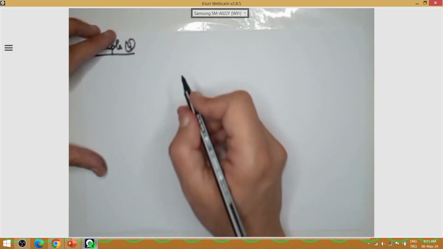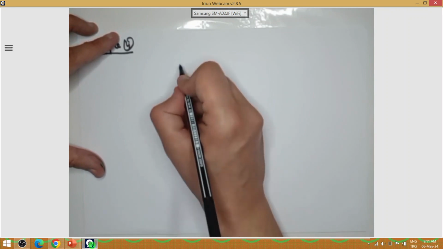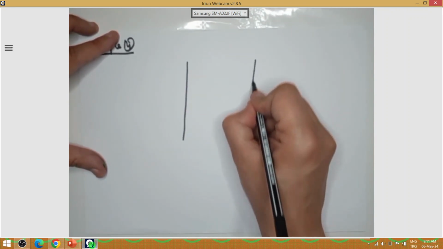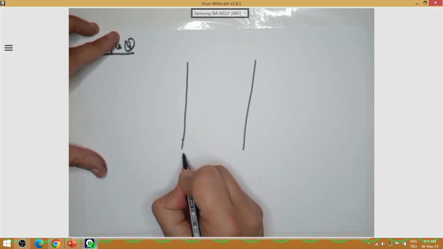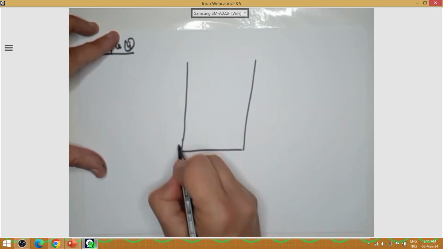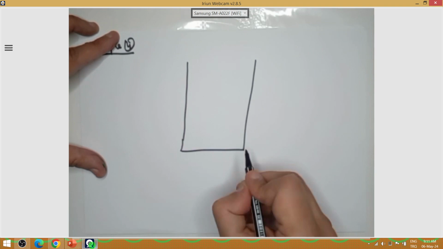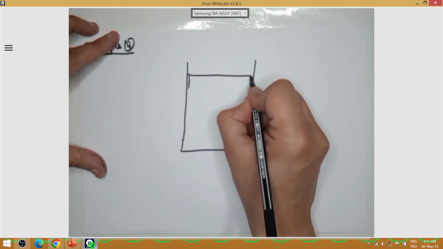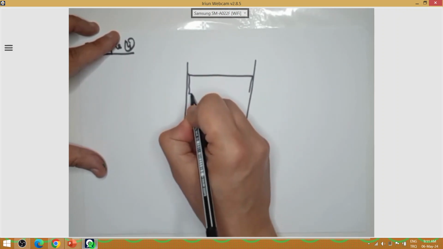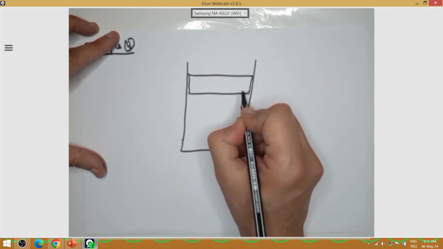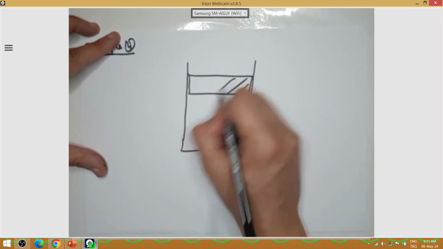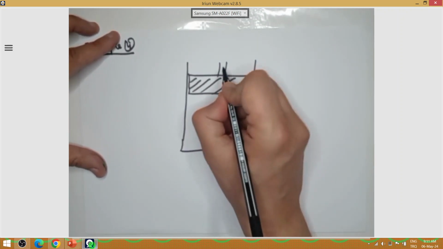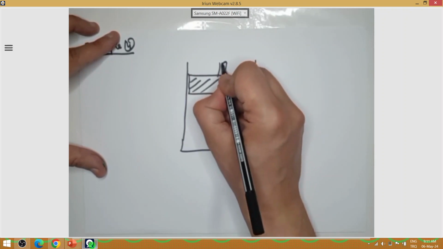So again we'll consider that we have a cylinder like this. So we have a vertical cylinder. Inside this cylinder there is a piston, which can be moving up and down. So this is my piston. It can be like this.